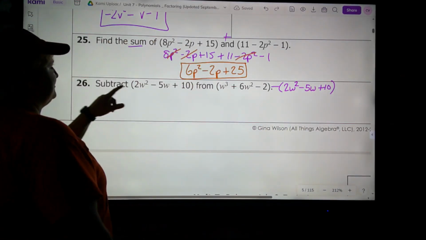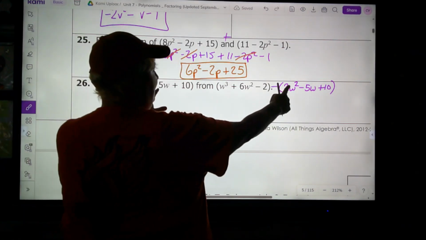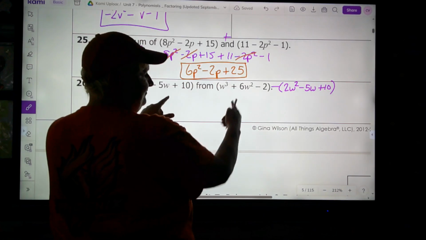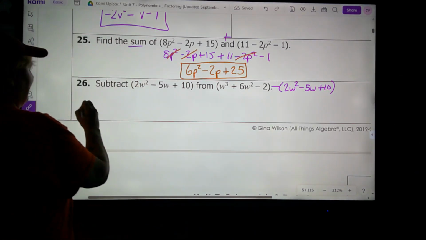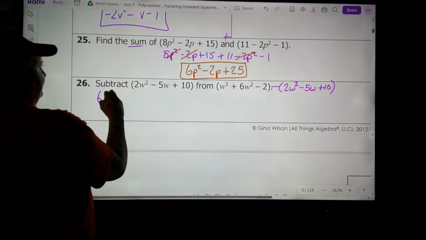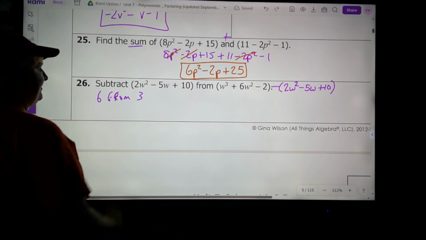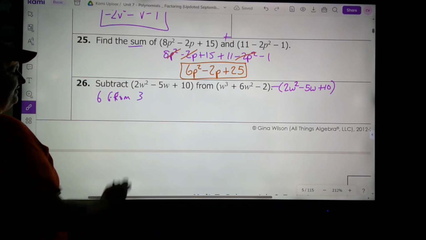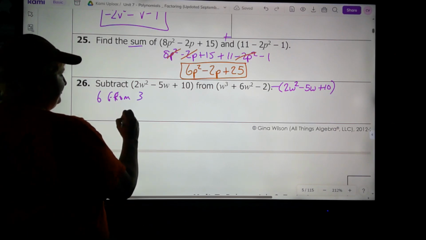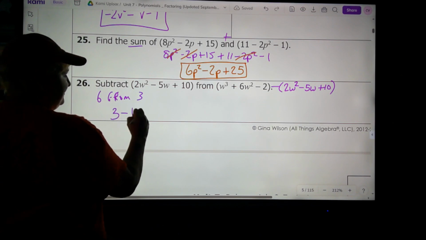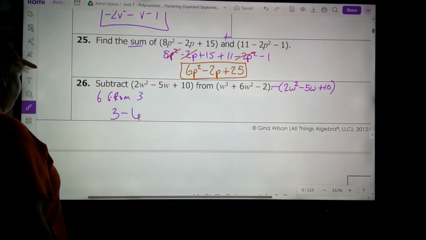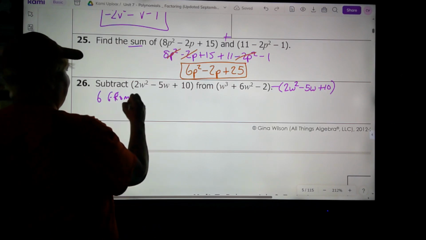Right? Because it asks us to subtract this from this. That's like if they said subtract 6 from 3. They're actually asking you to take 3 and take 6 away. Be careful is all I'm saying.